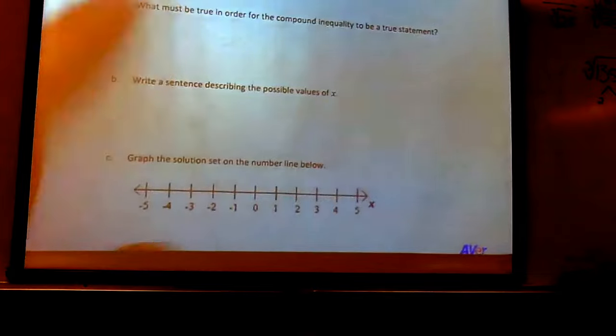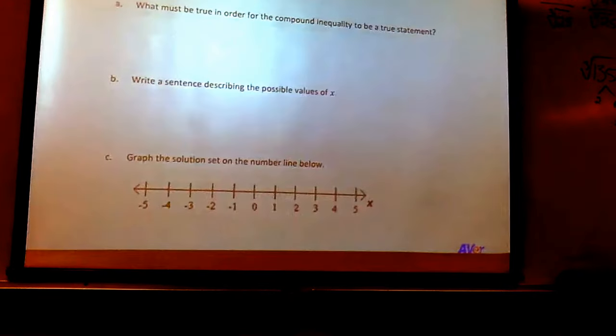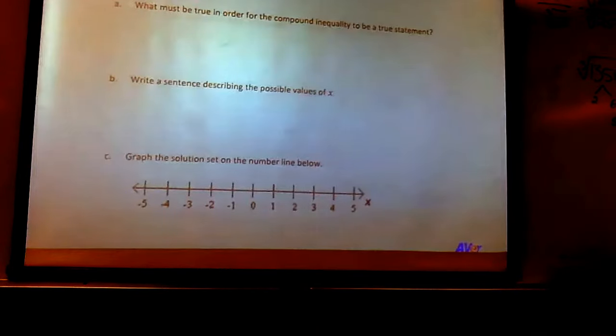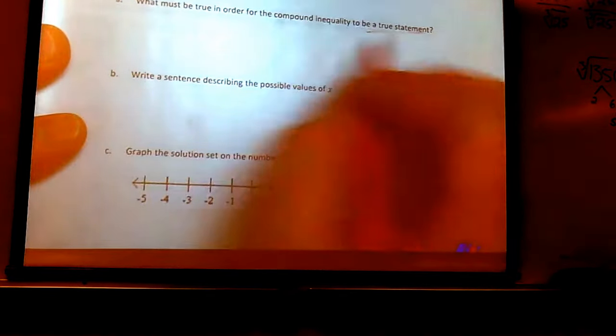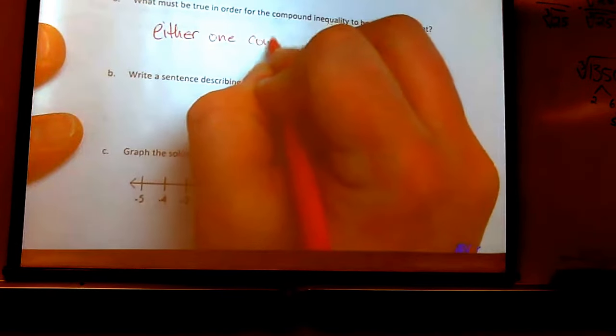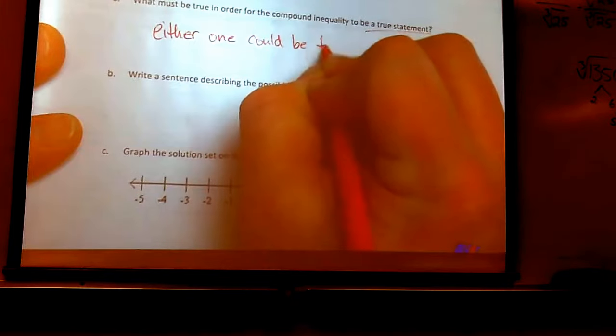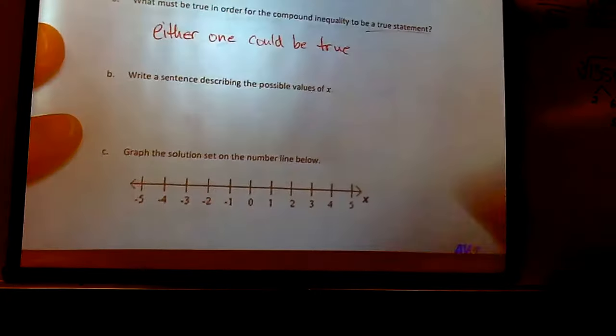Remember what it means when there's an or. It could be either one. It says what must be true in order for the compound inequality to be true? Either one has to be true. Remember, if it says and, then they both have to be true.